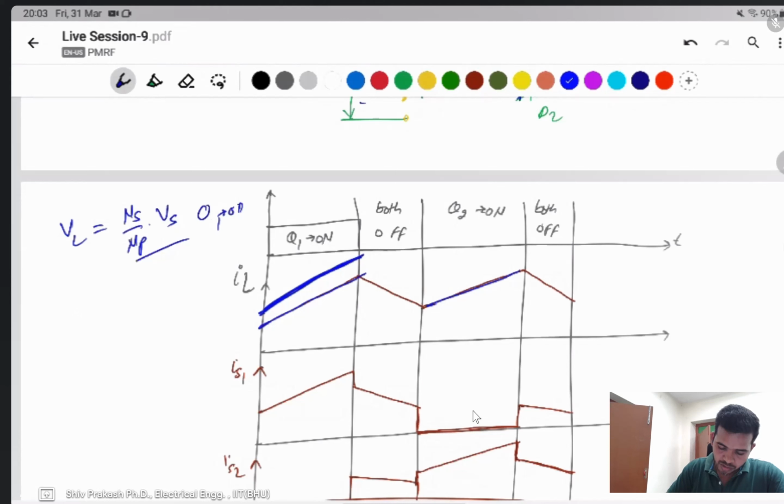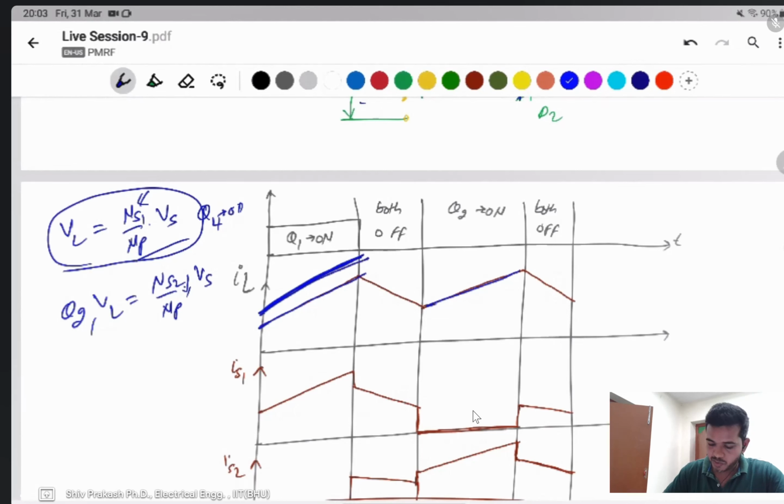And when Q2 is on, VL will be NS divided by NP into Vs. If you take Vs1, NS1, NS2, if this one is more and this one is less, then this pair gives more voltage, which means more current flows through the diode and through the inductor, and this time less current flows through the inductor. Then some difference occurs here between the off time and this on time.